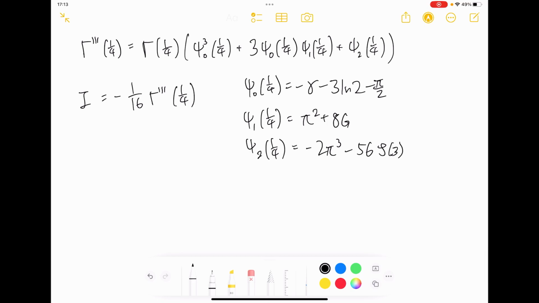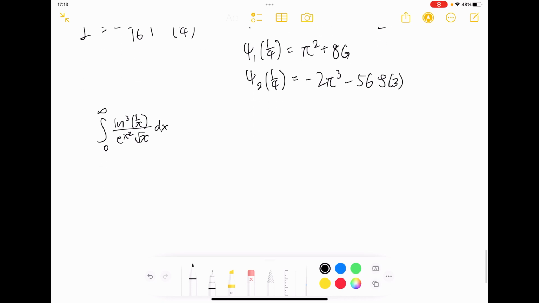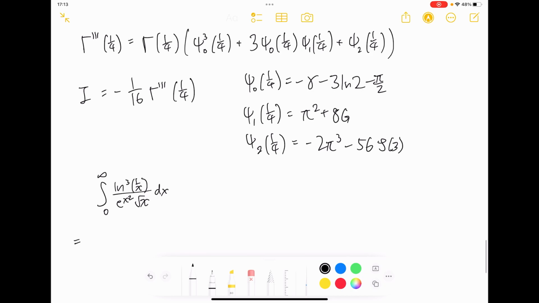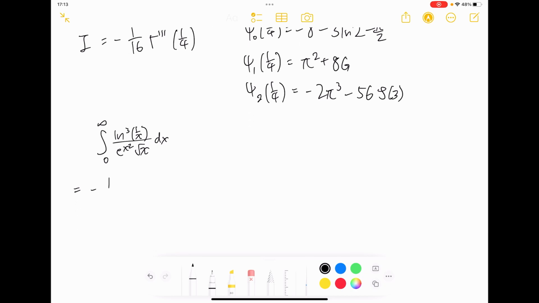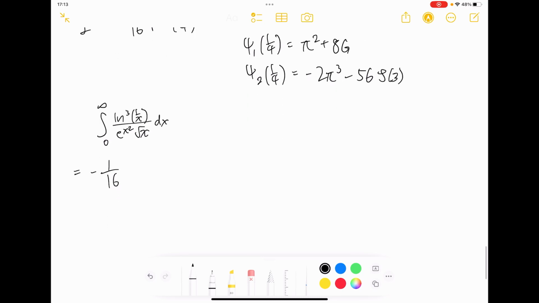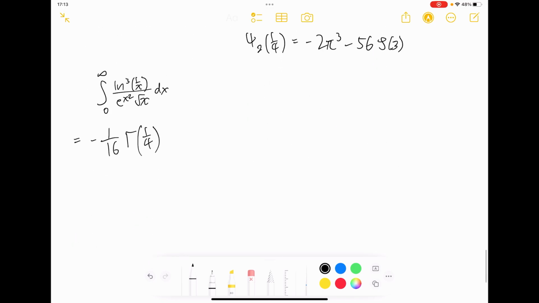Therefore, our original integral I is, let's write that down as well. So the integral from 0 to infinity of natural log cubed of 1 over x, divided by e to the x, square root of x, dx, is equal to negative 1/16 of gamma of a quarter, let's write that bracket a bit better, times psi naught cubed.